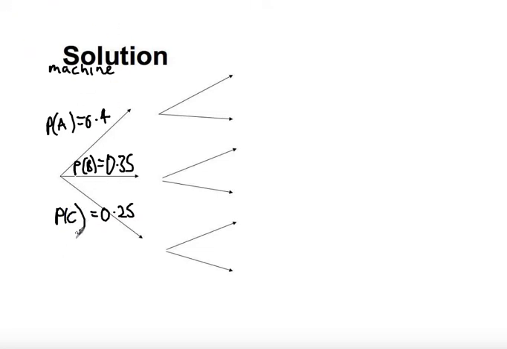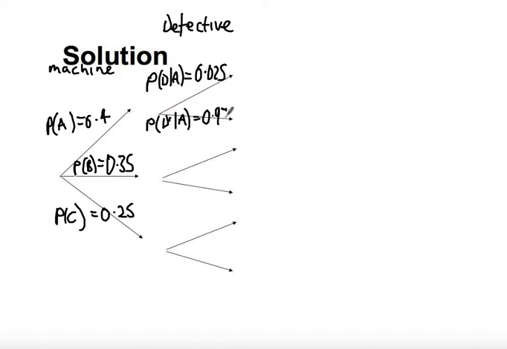Okay. So then what we're also told is that in machine A, 2.5% are defective. So this is whether the second step is, are they defective? Okay, so probability of it being defective, given that it's from A, 2.5% is 0.025. Probability that it's not defective, given that it comes from A, is in that case 0.975.